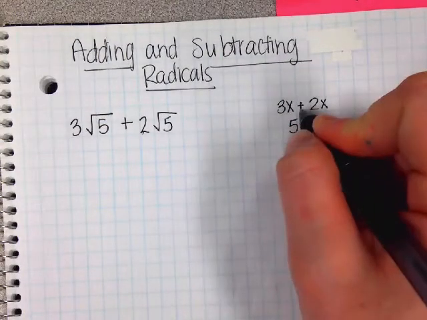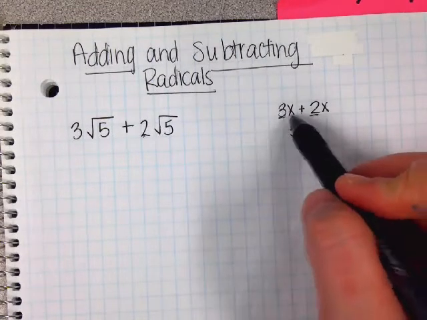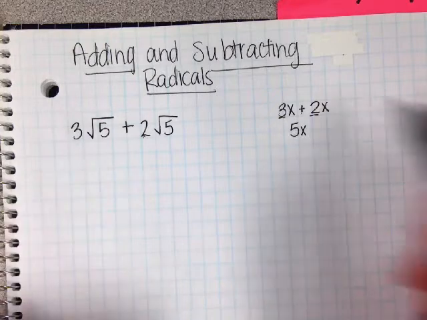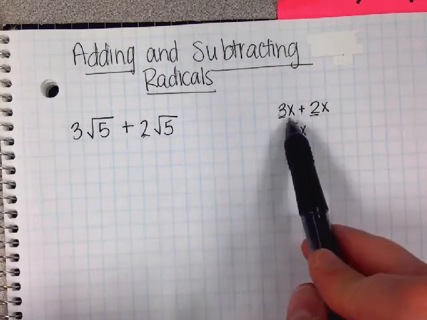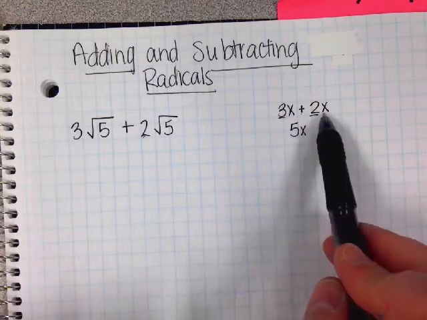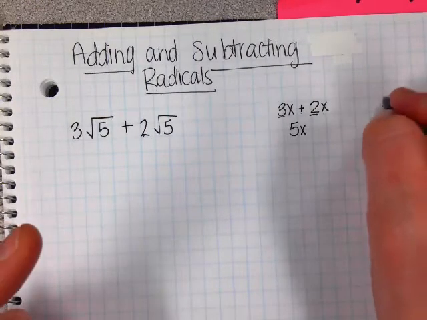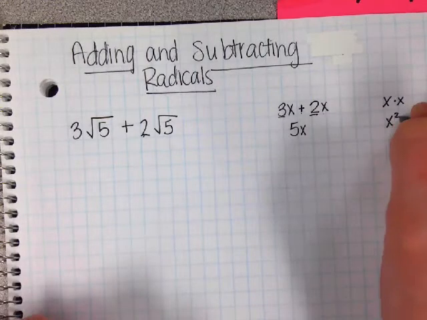Remember, this is a plus sign between them, so I need to remember to add those. I do not write it as x squared. This is where, when we're switching back to adding and subtracting, students get mixed up. You don't want to say it is x squared, because it's x squared when I say x times x. That's when you get a squared.